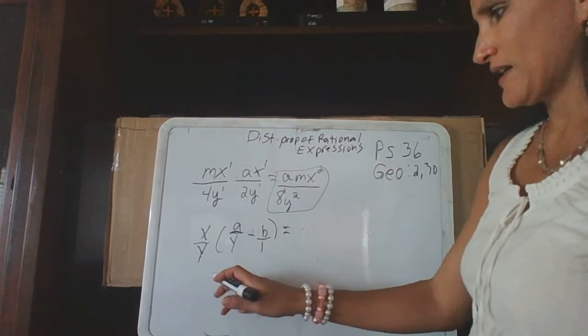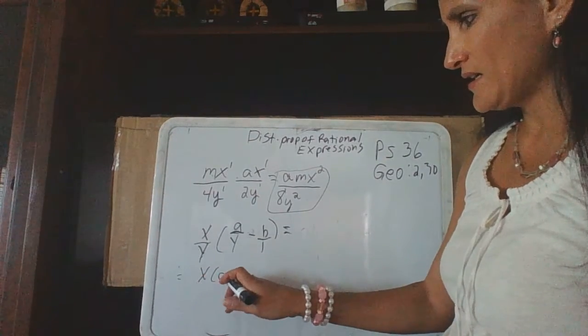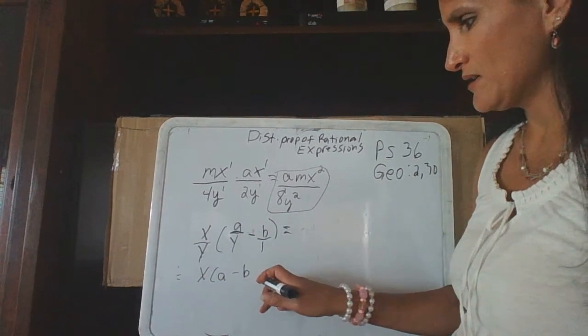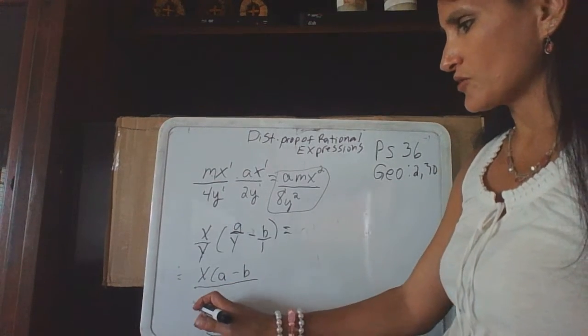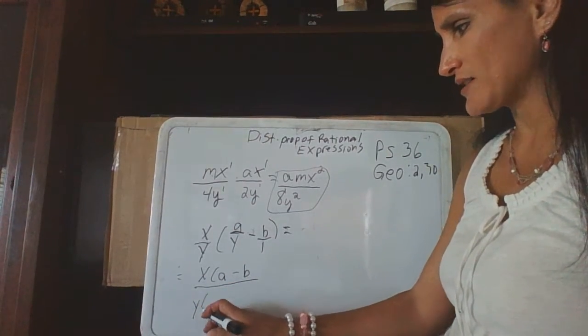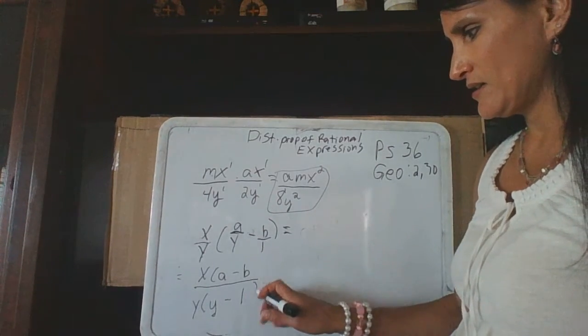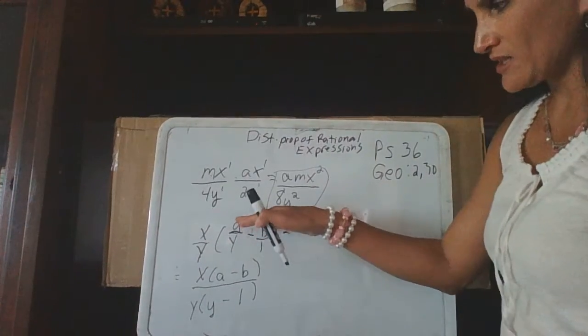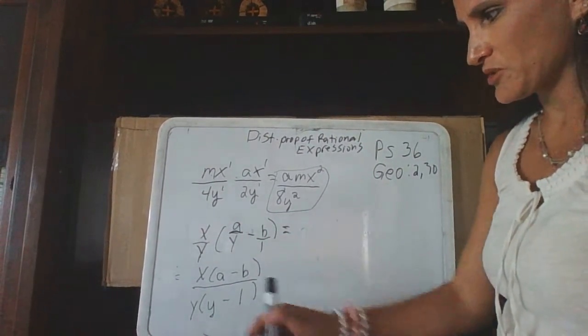Now I'm going to split that, and I'm going to say equals x times a minus b, there's the numerator, over y, parentheses, y minus 1. Now I have taken the numerators and put them in the top, and the denominators and put them on the bottom.